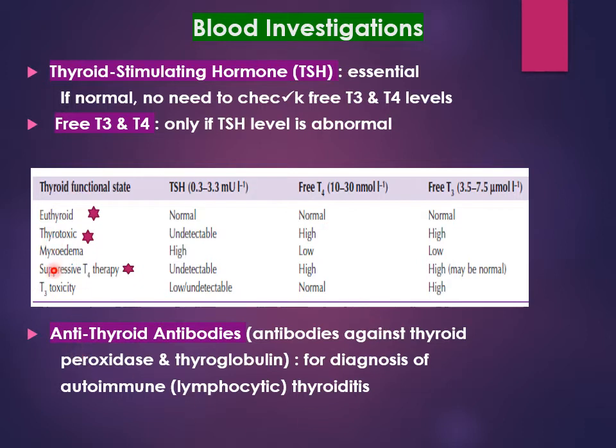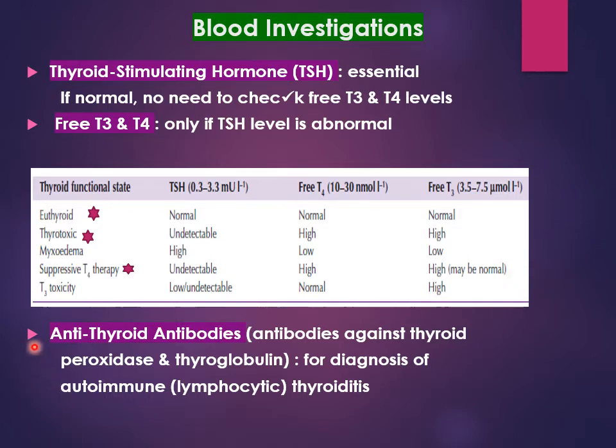Myxedema, that is hypothyroidism: TSH is high and the hormones are low. And this is an important one, suppressive T4 therapy: TSH is undetectable, T4 is high, and free T3 is usually high but may be normal.